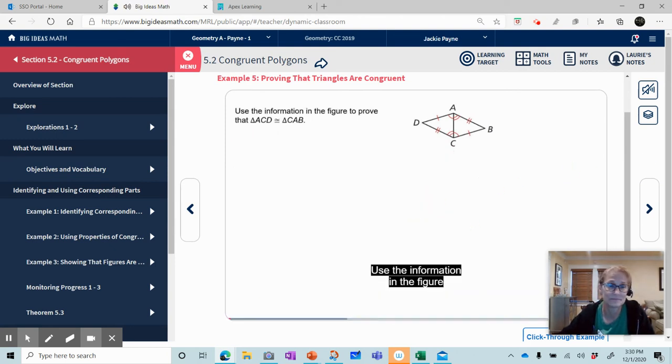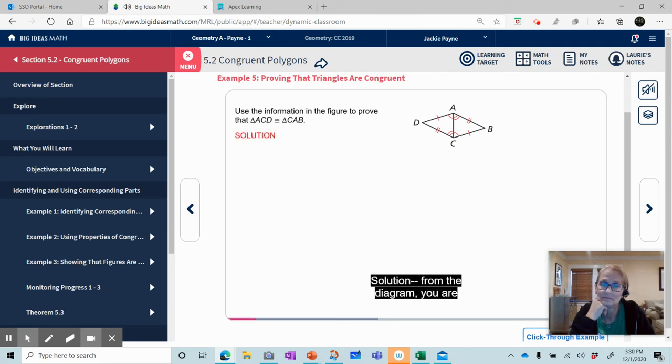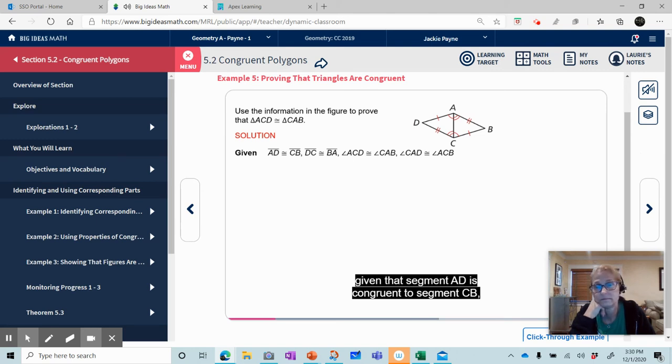Use the information in the figure to prove that triangle ACD is congruent to triangle CAB. Solution. From the diagram, you are given that segment AD is congruent to segment CB, segment DC is congruent to segment BA, angle ACD is congruent to angle CAB, and angle CAD is congruent to angle ACB.